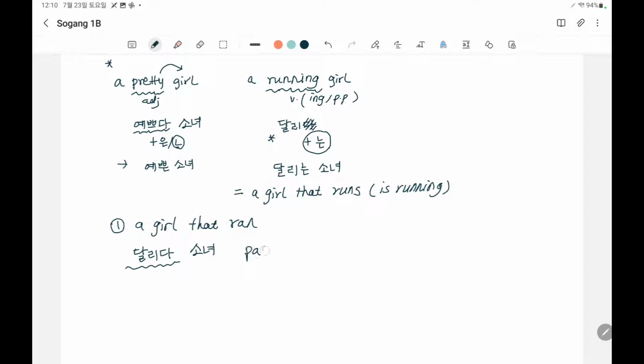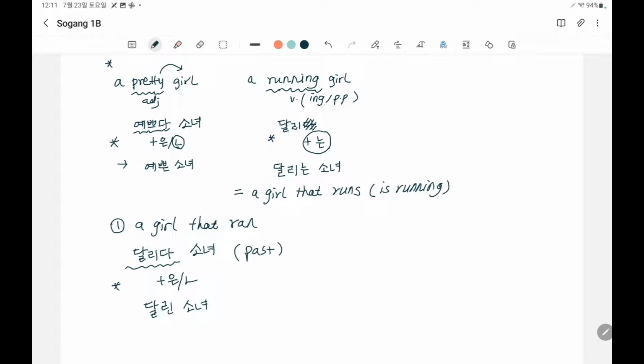In the past tense. We need 은 or 니은. What? Basically, the conjugation rule is exactly the same as in adjective. Okay? So if you say 달린 소녀, it means the girl that ran.